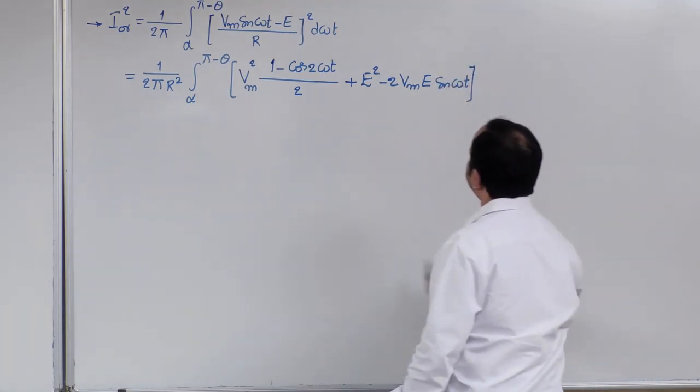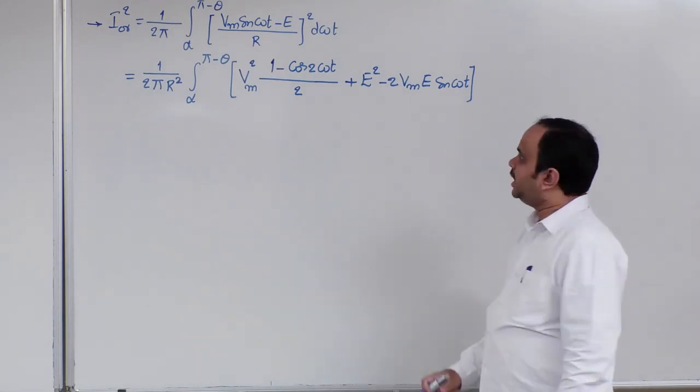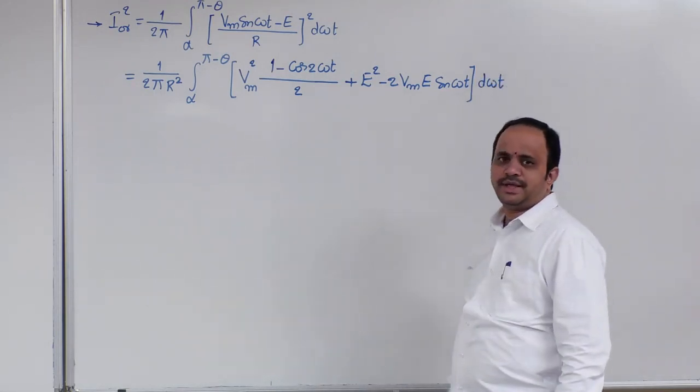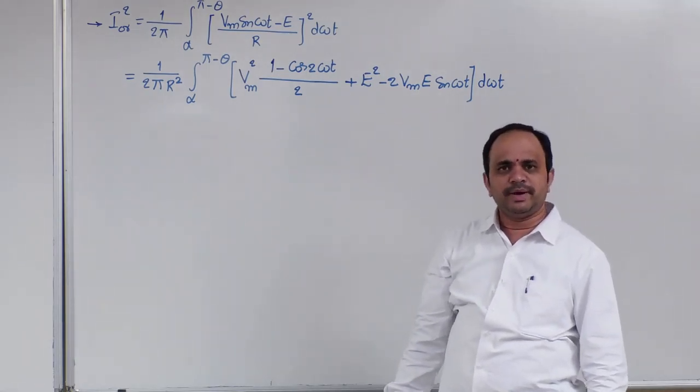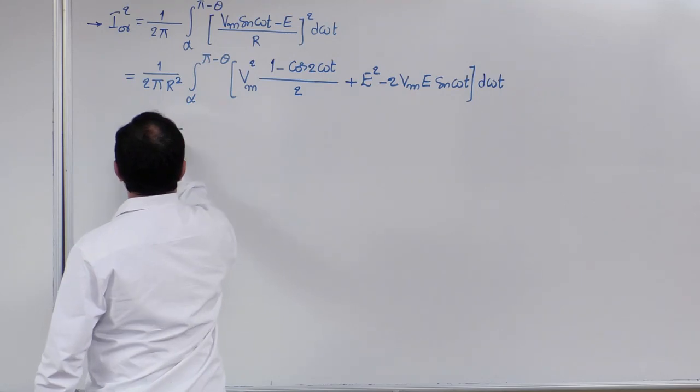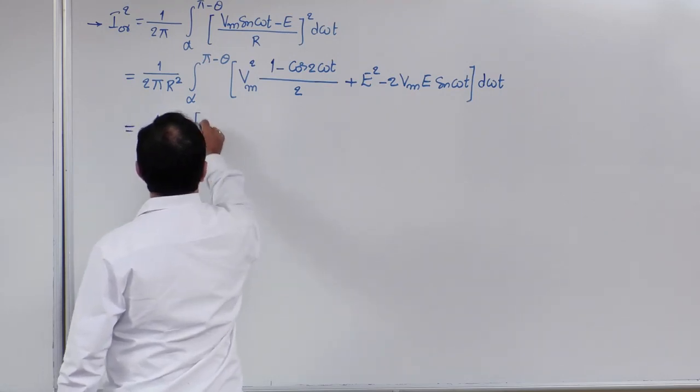Close the bracket. So, this is the expansion of a minus b whole square. Now, integration is with respect to omega t.